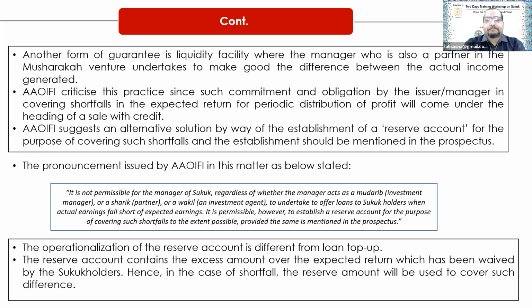Which means that in the liquidity facility, IOFI doesn't allow the use of qard, a loan from the issuer, but it recommends building a reserve account or profit equalization reserve to manage the periodical payment to the investor.